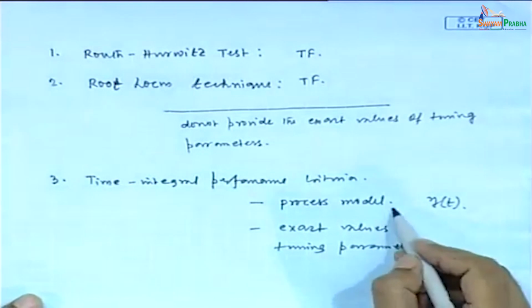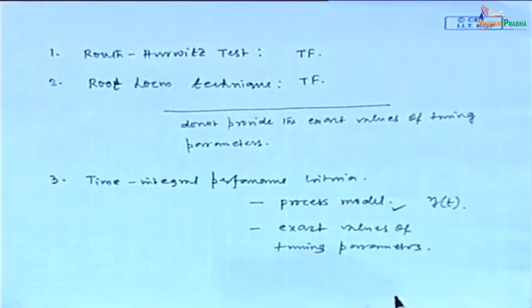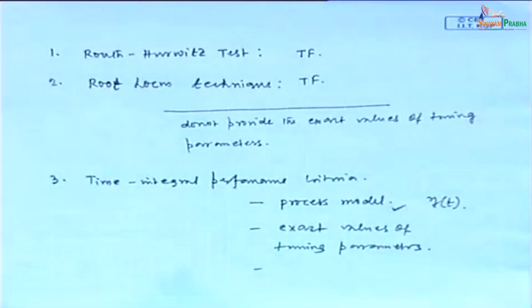Now, based on this first point, we can say that it can provide better performance by using more accurate model. This time integral performance criteria involves the process model. Now, if we give more accurate model, we will get better performance.